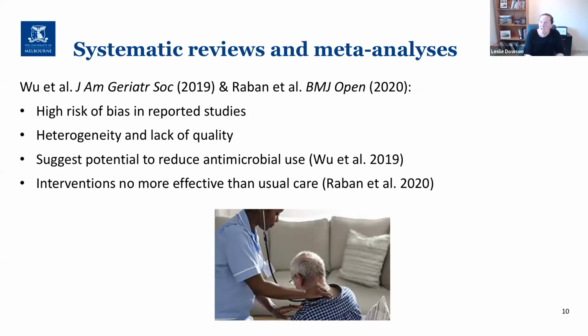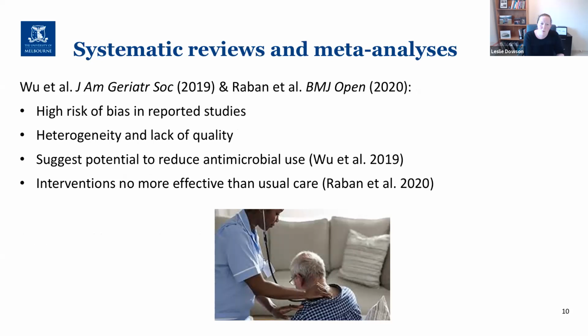So I started my PhD work about 2016, and that was the work that I was building off of. In December of last year and earlier this year, two groups performed systematic reviews and meta-analyses of AMS programs and research into AMS programs and projects in long-term care facilities.